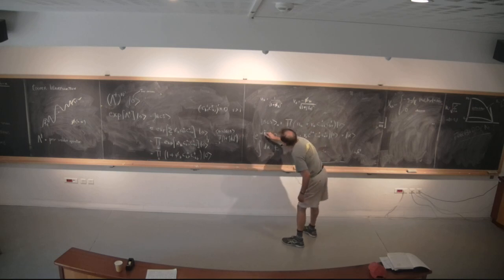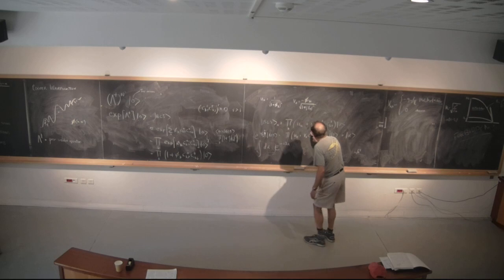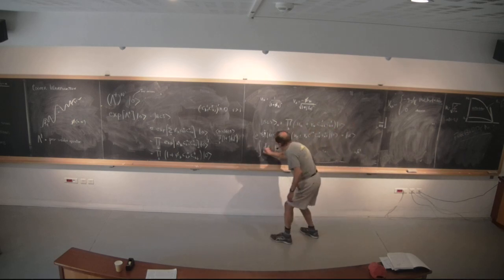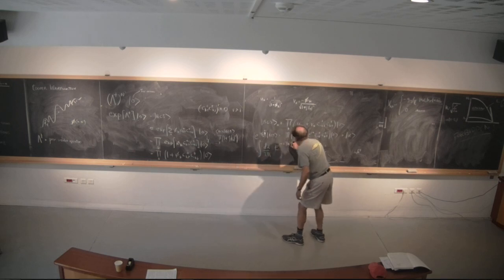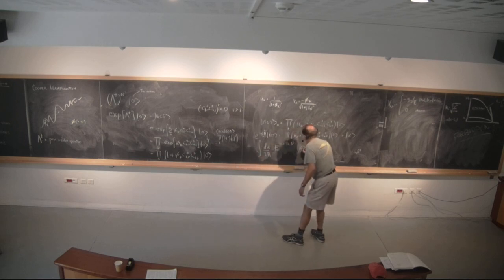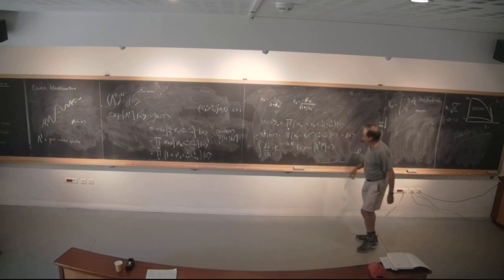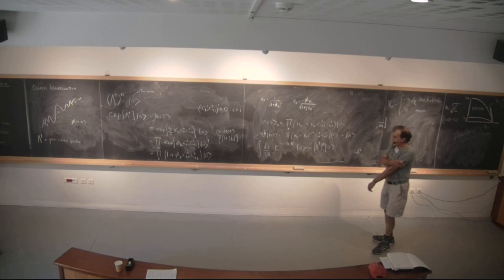So what I really want to do is put an α over 2 there, and call that α. If I now do a Fourier transform over α, like so, I get back this quantity with the appropriate normalization. Okay?